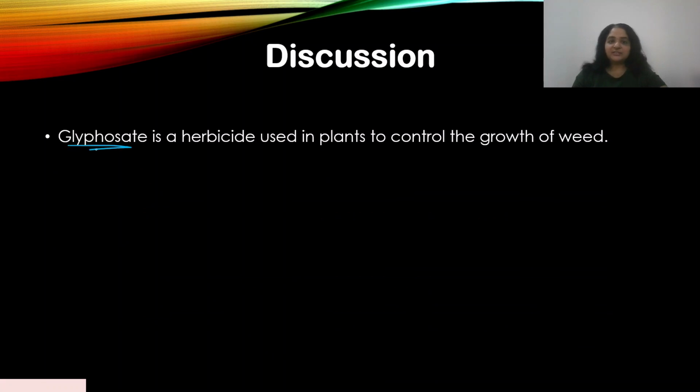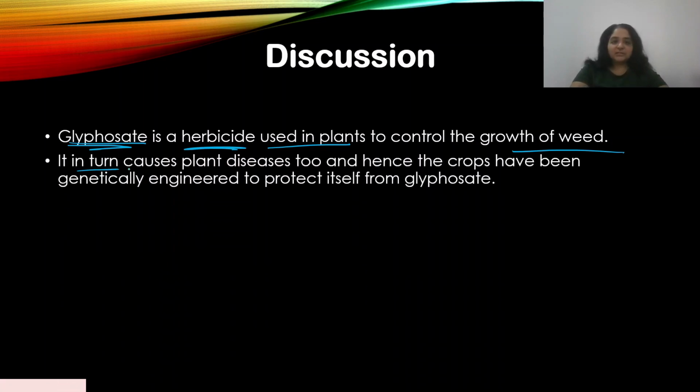So glyphosate is actually widely used as a herbicide. It is used in plants to control the growth of weeds. Now the weeds tend to compete with the plants for nutrients. So to eradicate the weeds, glyphosate is used, which is a herbicide. Now it in turn causes plant diseases too. And hence the crops have been genetically engineered to protect themselves from glyphosate.